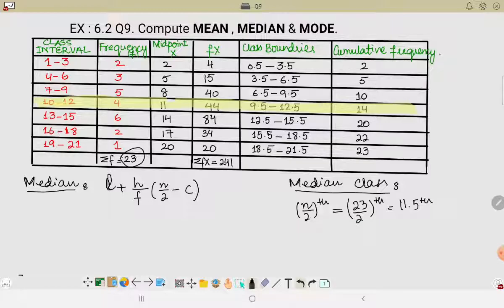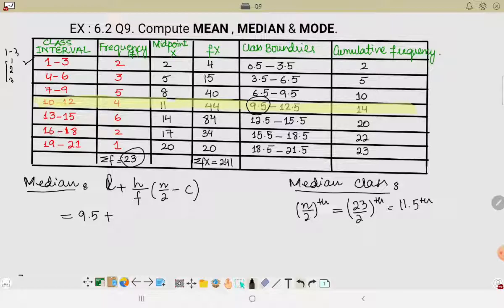Now small l stands for the lower class boundary of this median class, which you see 9.5, plus h stands for the size of the class interval. If you clearly see what is the size of the class interval, 1 to 3 means 1, 2, 3.